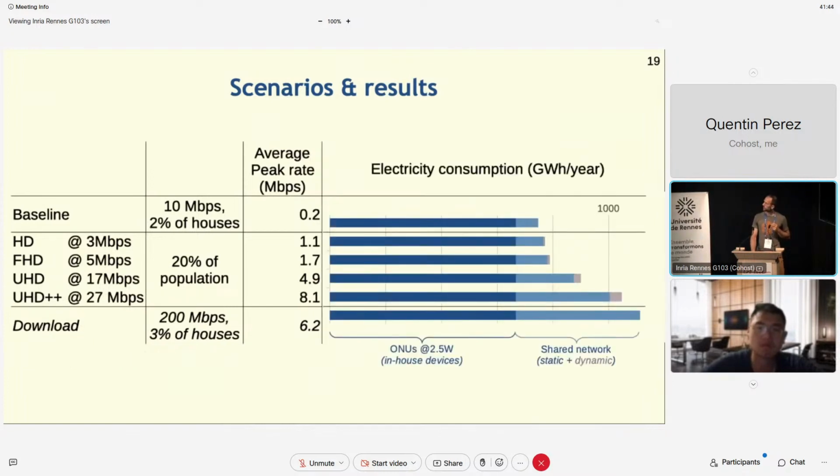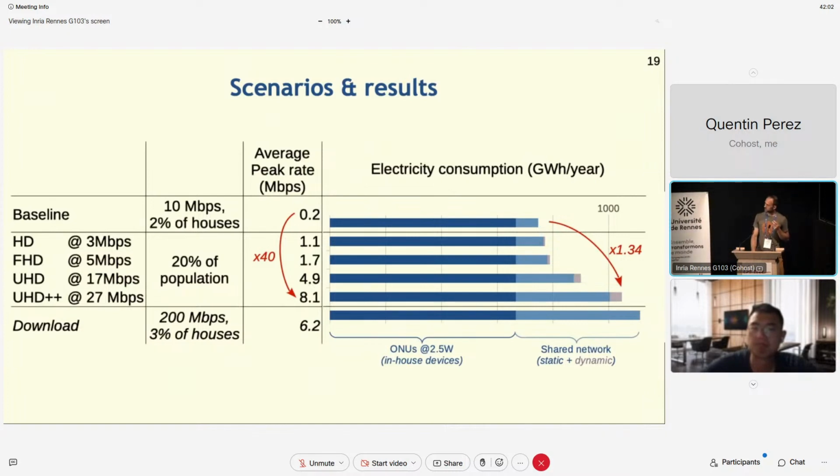And here are the results of our model for the absolute electricity consumptions over 1 year. So here, we can first observe the non-proportionality effect, where increasing by 40 the average peak rate yields a much smaller increase of the overall consumptions.